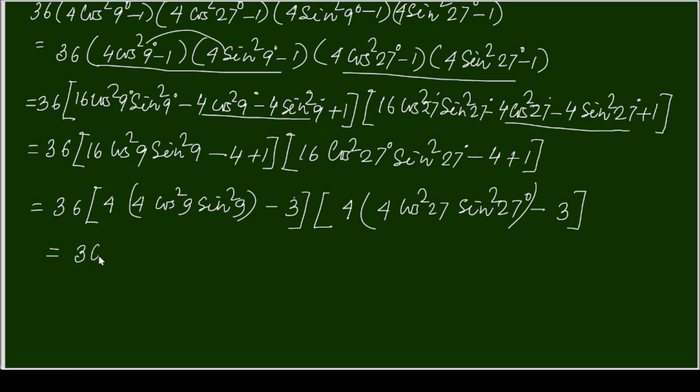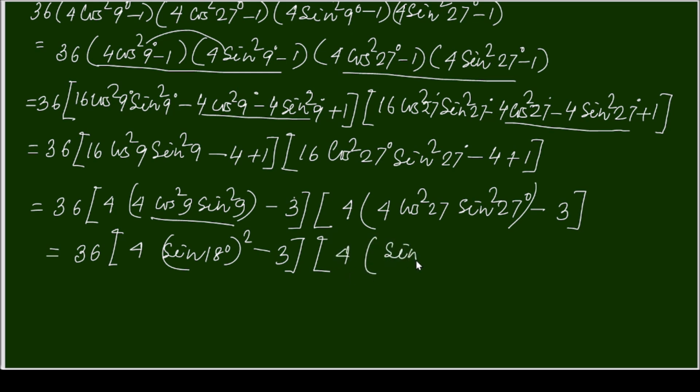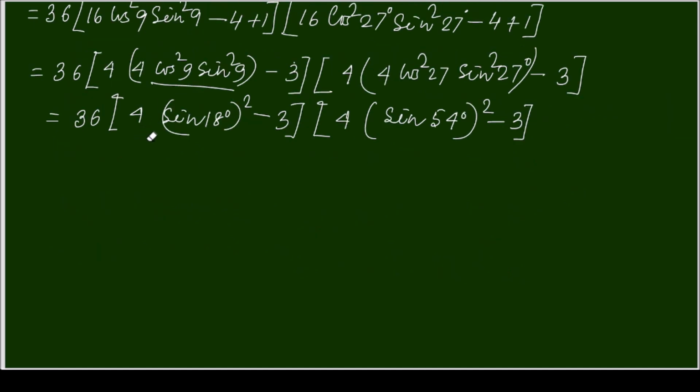So this is 36 times, 4 into sine 18 degree whole square minus 3, 4 into sine 54 degree whole square minus 3. So we have to recall the value of sine 18 degree and sine 54 degree.